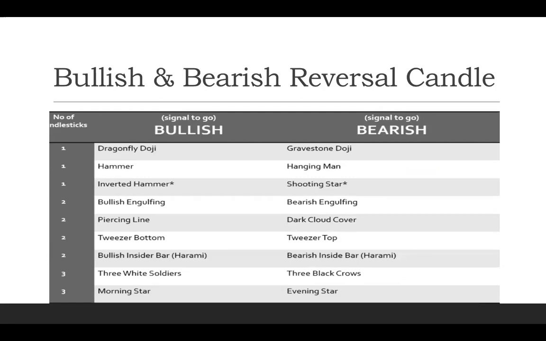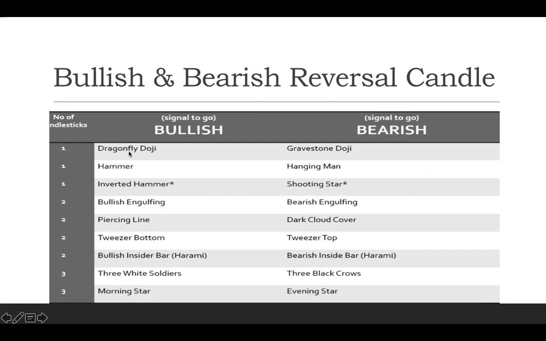Bullish and bearish reversal candles. We have signals to go bullish, for us to go on the buy, and signals to go bearish, for us to go on the sell. These are different types of candlestick patterns we're looking at here. We have what we call the dragonfly doji.